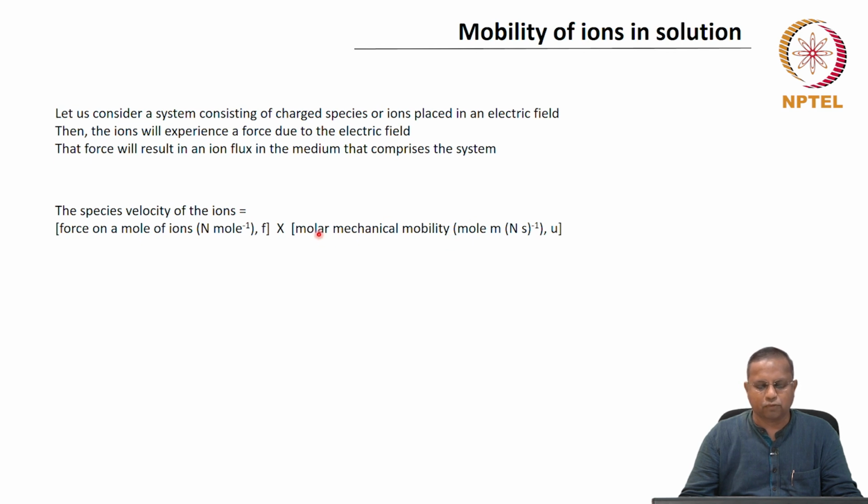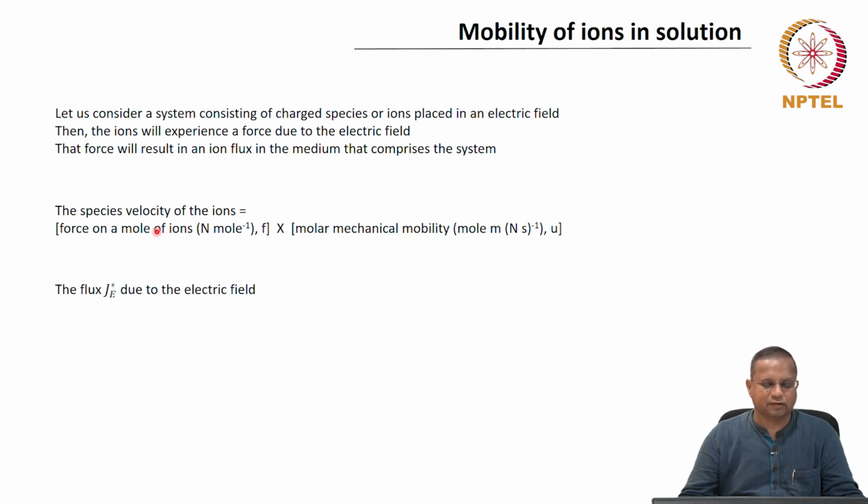This is a new term, and the developments have taken place on the basis of this term, so we are also going to develop our things on the basis of it. The units of molar mechanical mobility are quite complex. You can back things out, and you'd find that molar mechanical mobility has the units of mole meter per Newton second, and is usually represented by the symbol U. We are going to use the symbol U for the molar mechanical mobility in this course, and the symbol f for the force on a mole of ions.